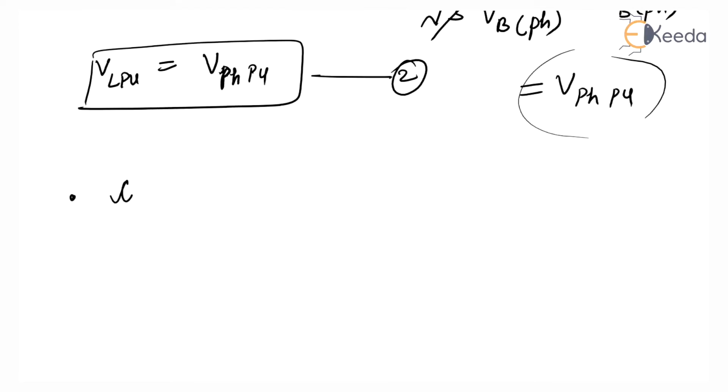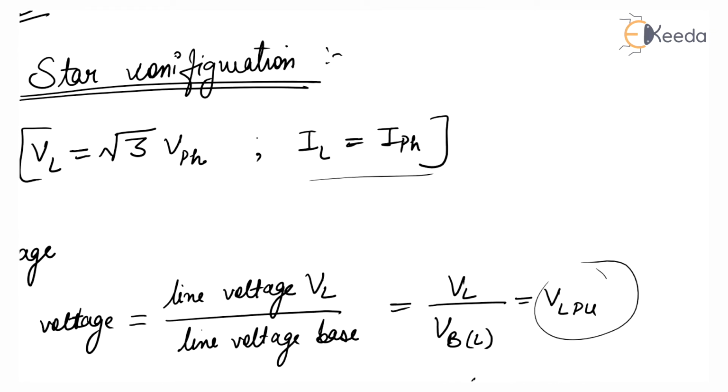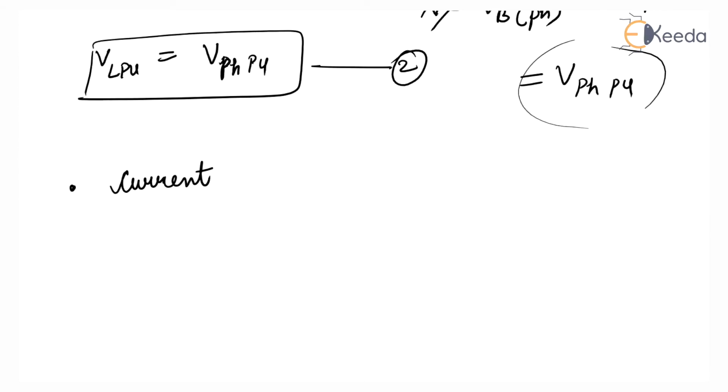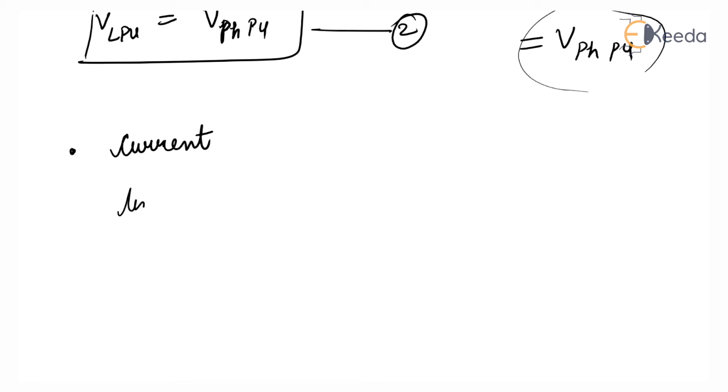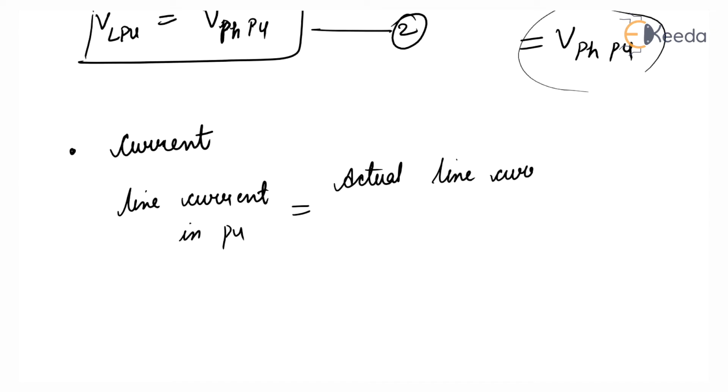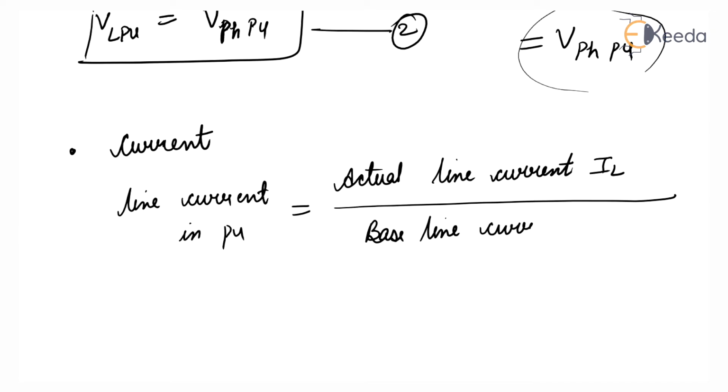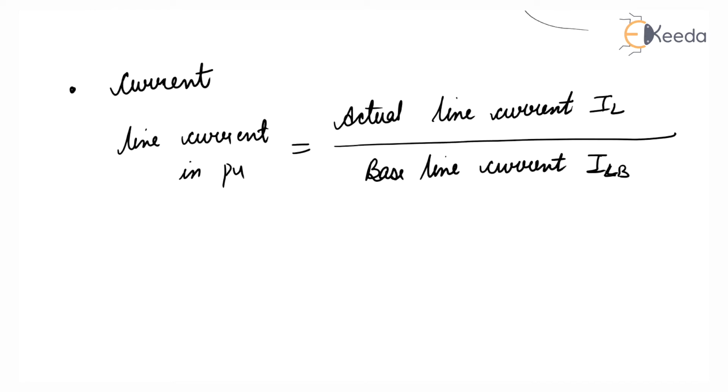Now similarly for current. For star configuration we know that line current is equal to the phase current. So line current in per unit is equal to actual line current IL upon base line current IL base.